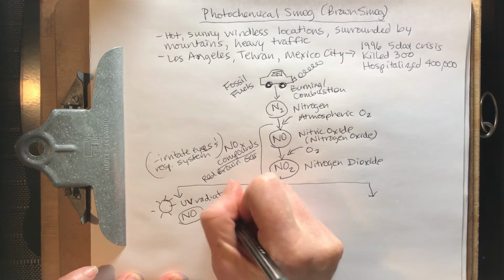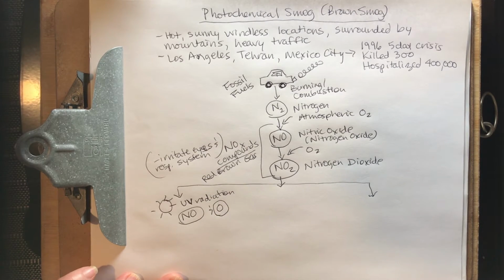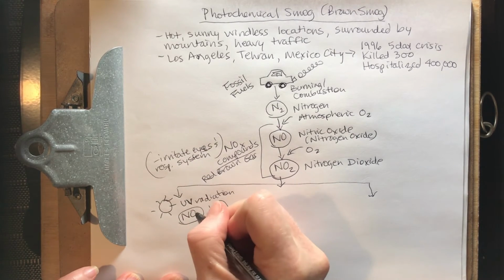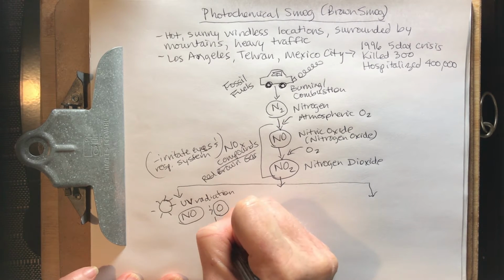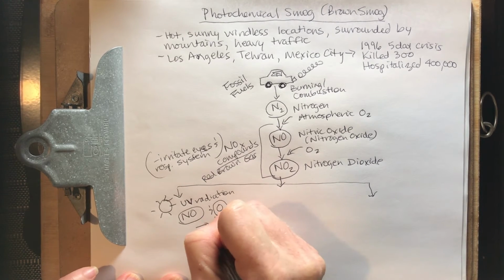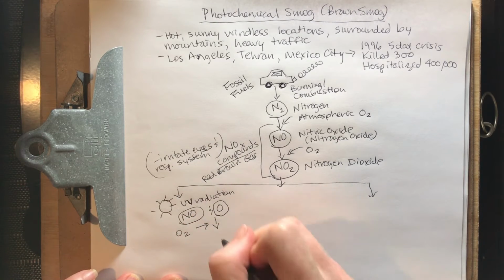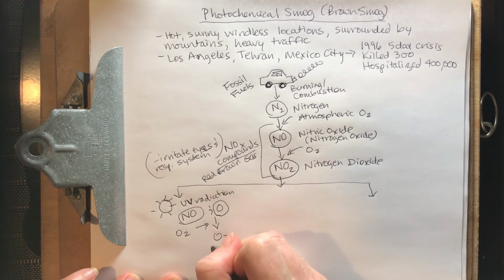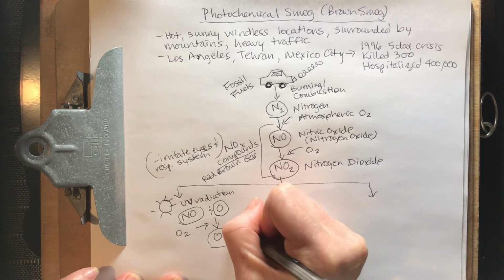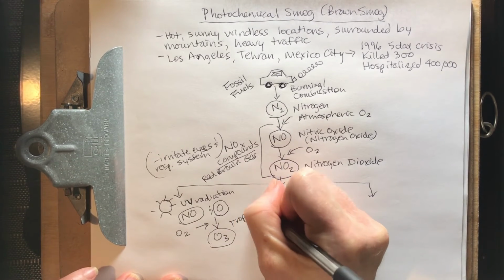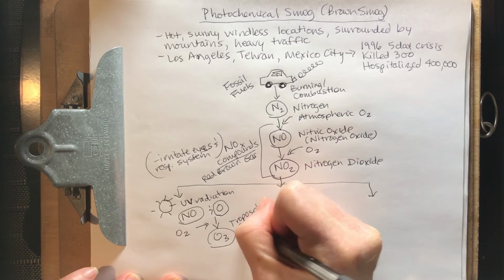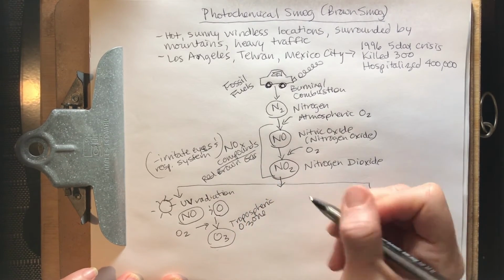And we know that oxygen, just a single element O, is not stable. It wants to combine with other things. So that's going to cause it to react with atmospheric oxygen to form O3, which we know of as tropospheric ozone. So this is the bad kind.